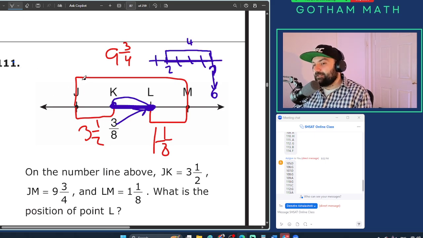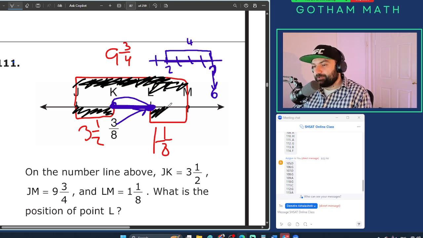That's actually not that hard, because we have the whole thing, and we have two portions, this portion and this portion. I think you subtract those two portions from the whole. You will get how long KL is, and then you add that to the 3/8.